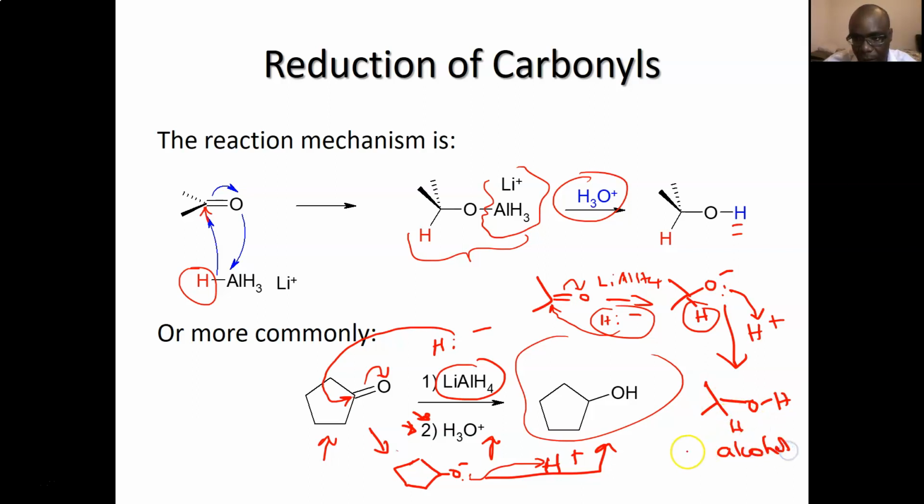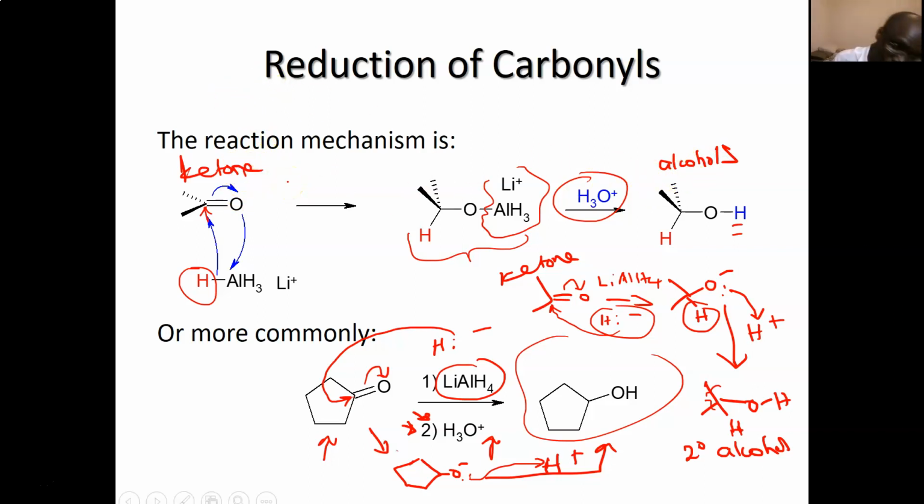Notice that this is a secondary alcohol because you have two R groups. So you will have moved from a ketone to an alcohol. Ketones are always reduced to secondary alcohols.